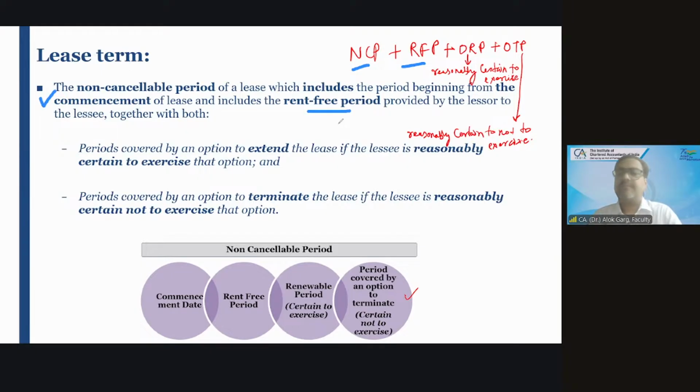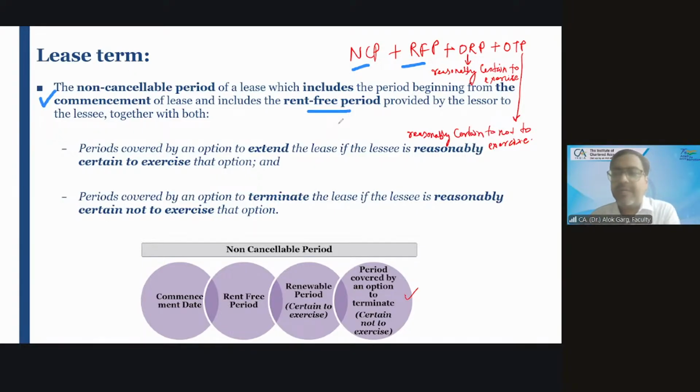For example, 1 year is the rent-free period. 3 years is the non-cancelable period. So what is the total period? 4 years. The lessee and the lessor have given a lease term of 5 years from the commencement date, right? And the lessor told, for the first year, you are not required to pay anything. For the next 3 years, you are required to pay 1 lakh rupees every year.